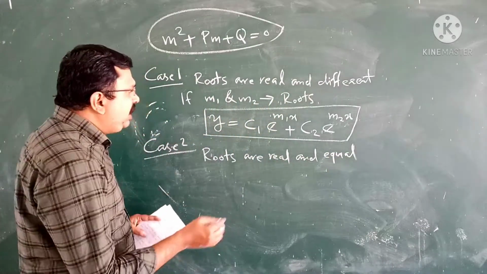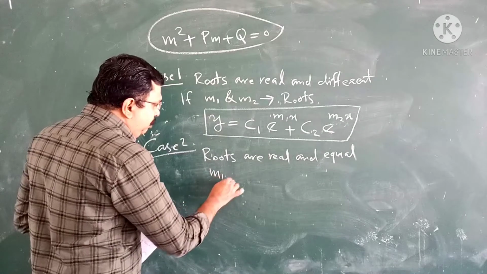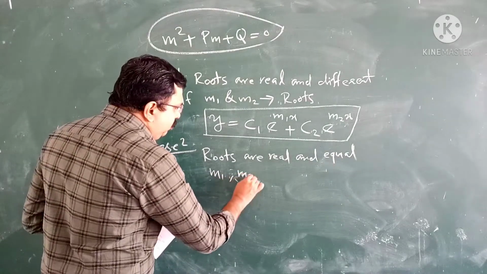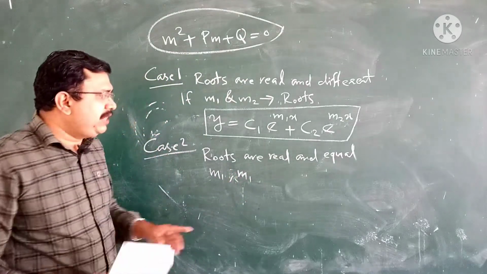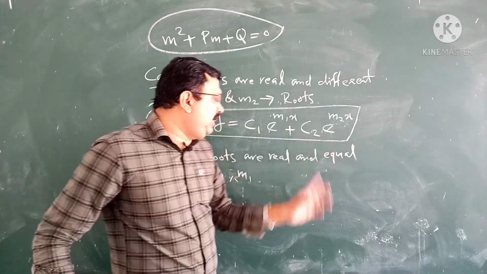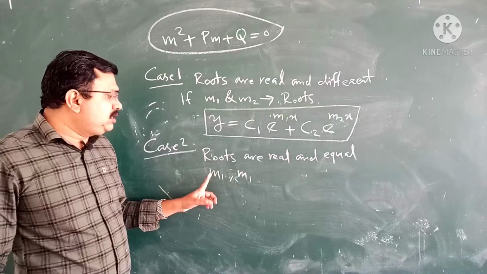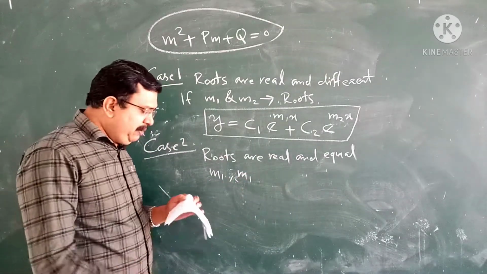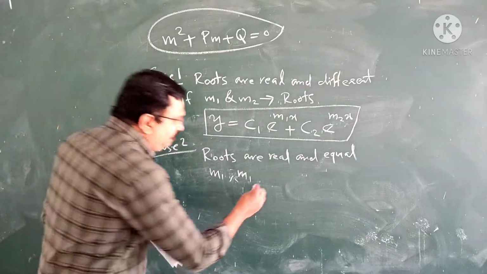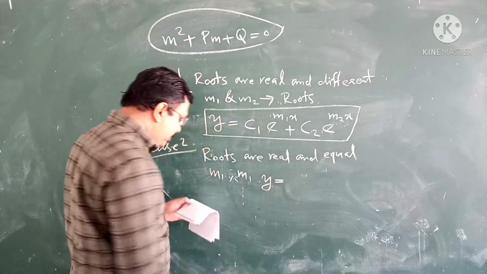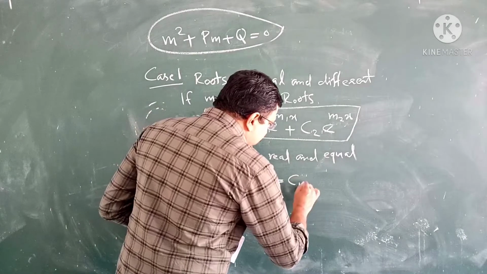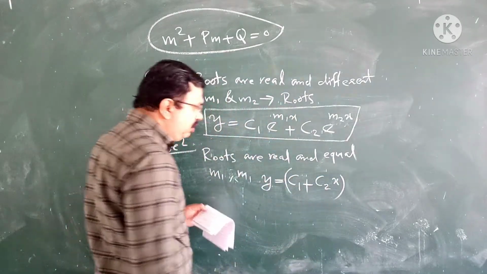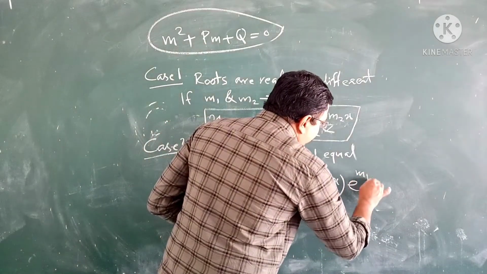If both the roots are m1 and m1, that is, if the two roots are the same, then the complementary function is y equal to C1 plus C2x into e raised to m1x.